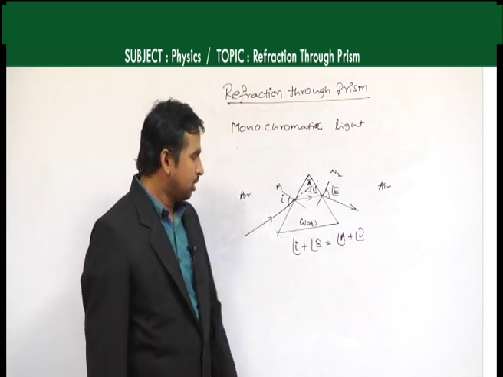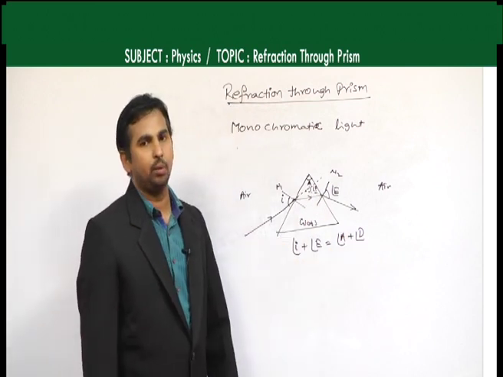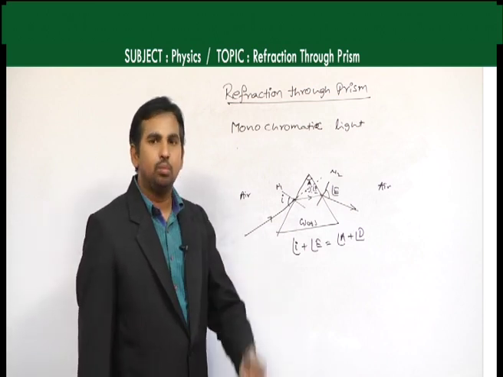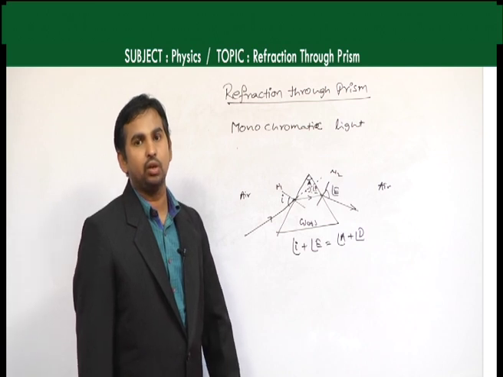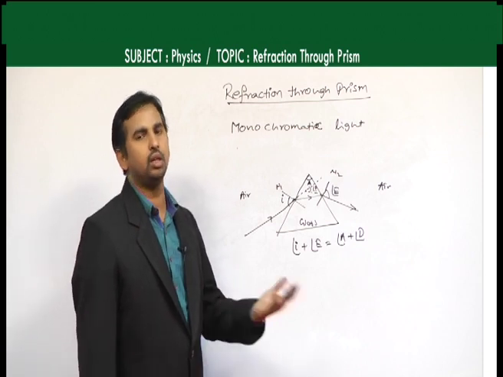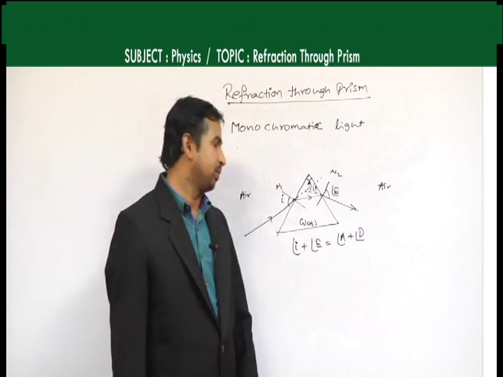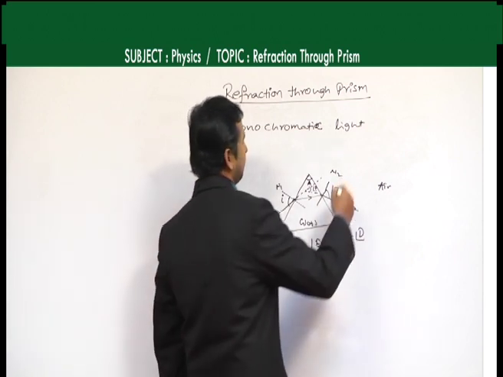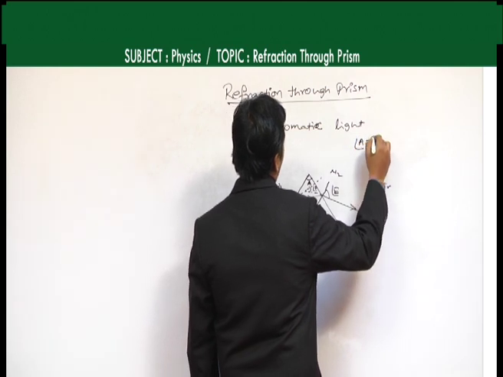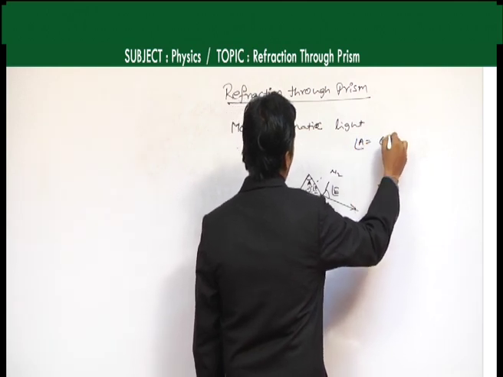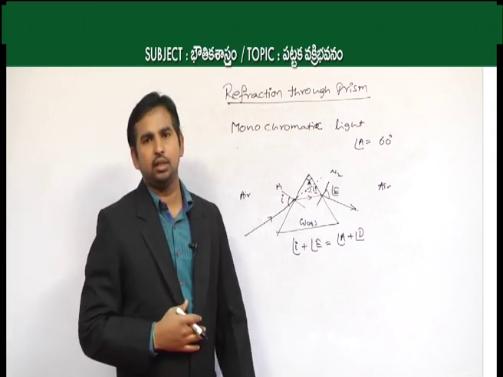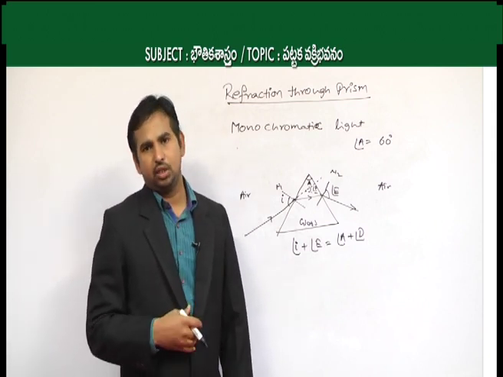In most cases we use equilateral glass prisms, and when it is given as an equilateral glass prism, we take the angle of the prism as 60 degrees. Now, the main important thing here is when we will have the minimum deviation.